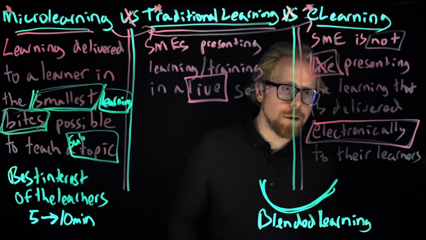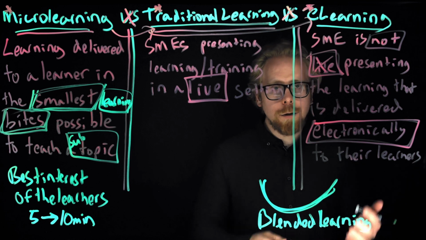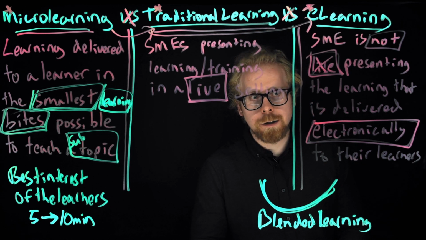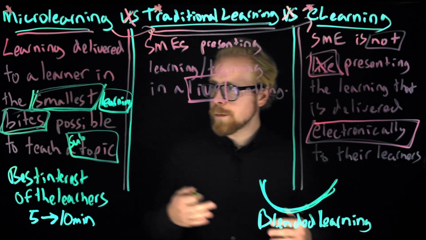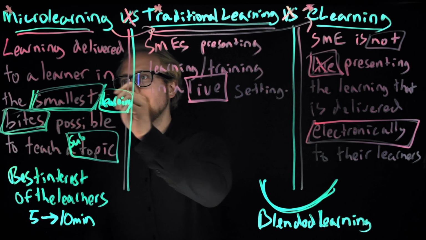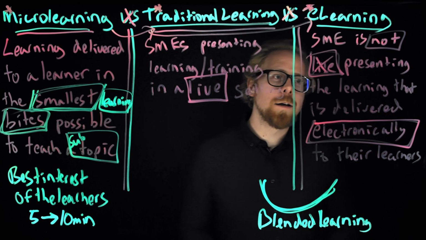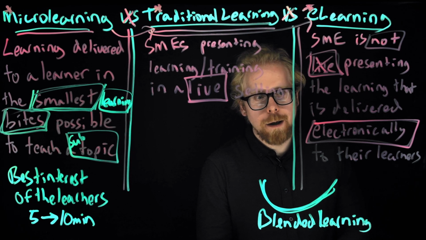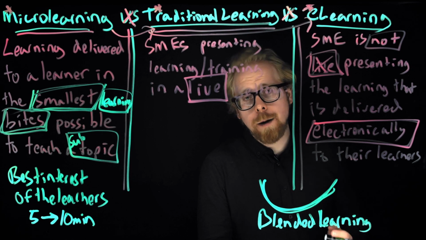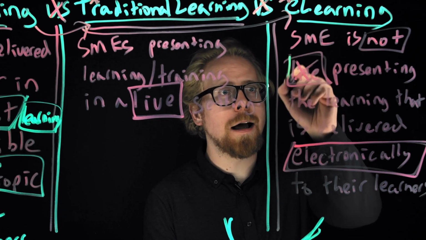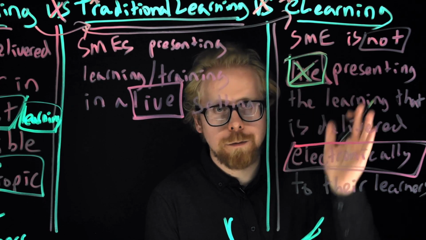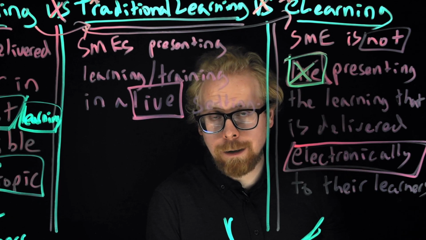Then you have e-learning. And with e-learning, it's really cool because you can build out an e-learning program using smallest learning bites. And what this allows you to do is give your learners the opportunity to learn at their own pace, because it's not live, it's recorded, they can access it at any time.